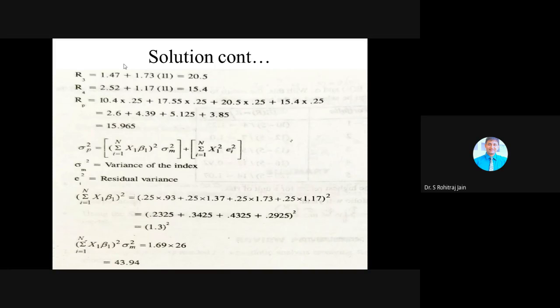So I take 10.4 multiplied by 0.25, plus 17.55 multiplied by 0.25, plus 20.5 multiplied by 0.25, plus 15.4 multiplied by 0.25. So the return of the portfolio is 15.965. I'm repeating, the return of the portfolio is 15.965.